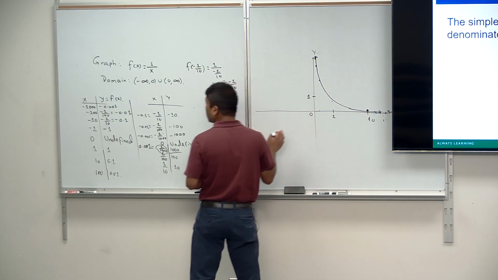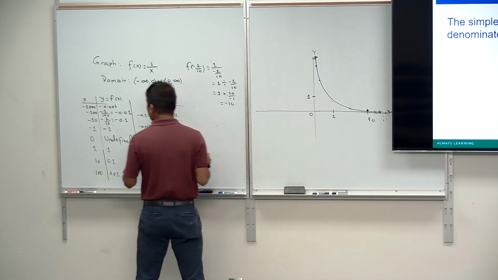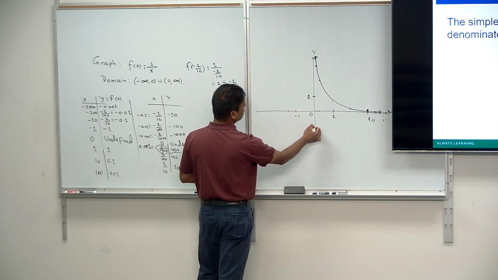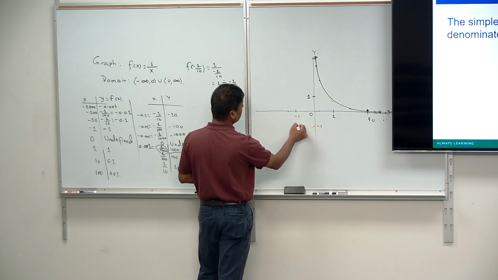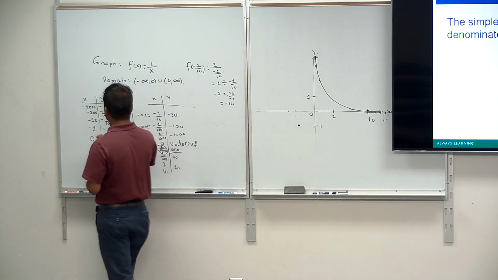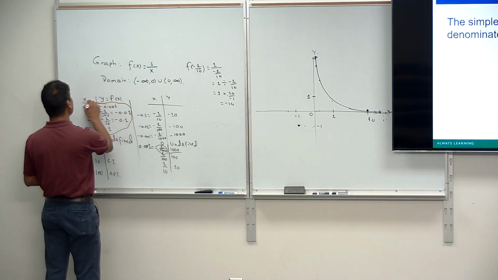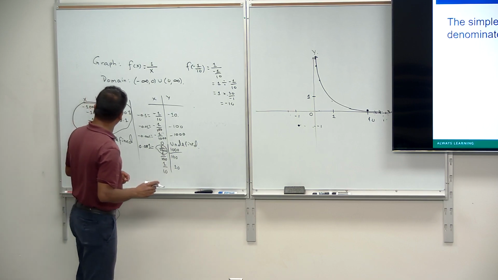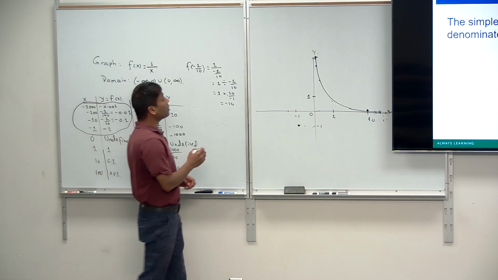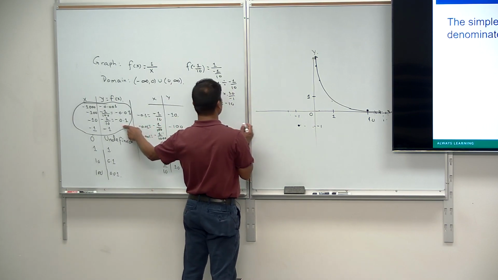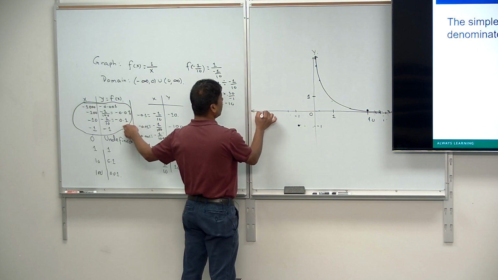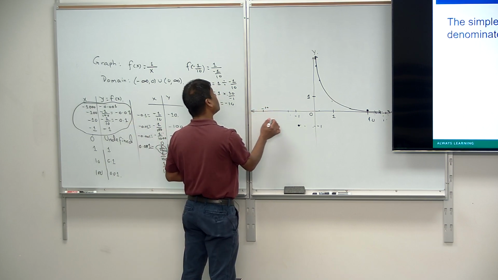And now here, if you look at the negative values, for negative 1, it is also negative 1, okay? But if you look here, as the value of x is negative 10, it approaches negative 0.1. Negative 10 is somewhere here, pretty close to 0.